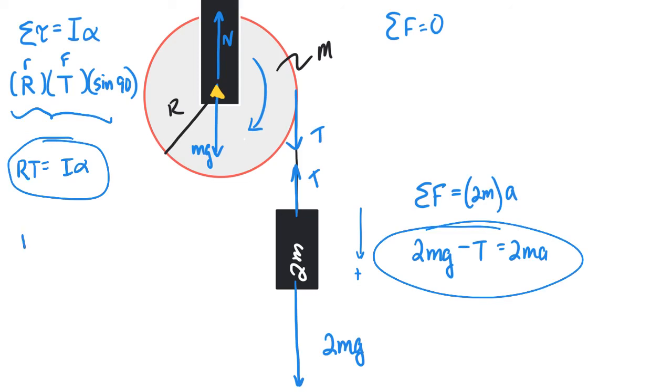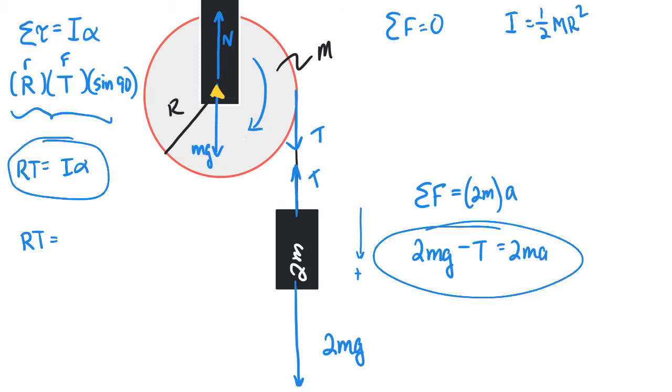I don't think it's a big stretch to consider the pulley to be a disk. Is that okay with all of you? A disk has a moment of inertia of 1/2 mr squared. This is why memorizing those moments of inertia will make it faster.